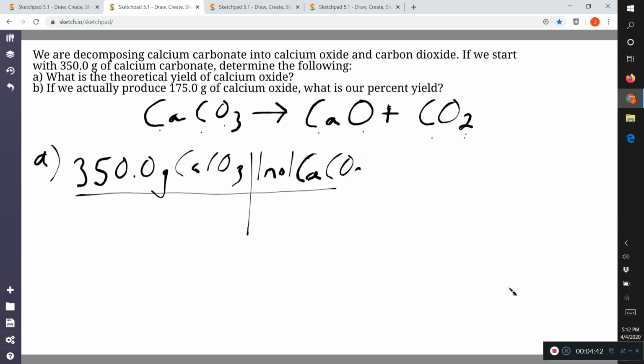Now to do that, we have to do the molar mass. We add up 1 calcium, 1 carbon, and 3 oxygen off our periodic table. And we get 100.086 grams.